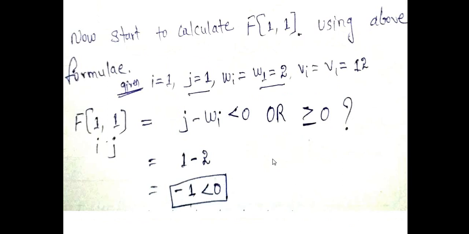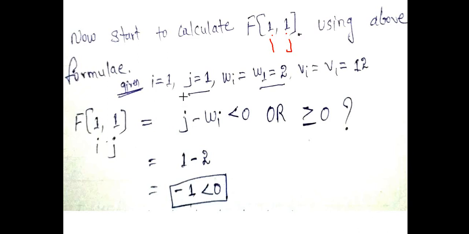Now start to calculate. First one, f of 1, 1. 1 is I, and another one is J. I and J using the above formulae. First we have to write like this: f of 1, 1, I and J. Now how to check which formula we should use?